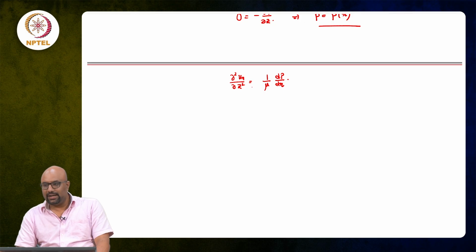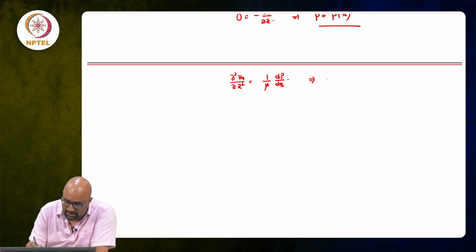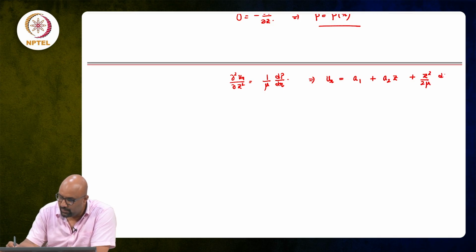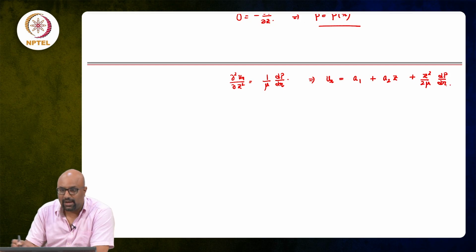Now, if you integrate this equation, you will have a solution that is u r is equal to some constant, right, the homogeneous solution plus A2 of z plus z square by 2 mu dp dr.